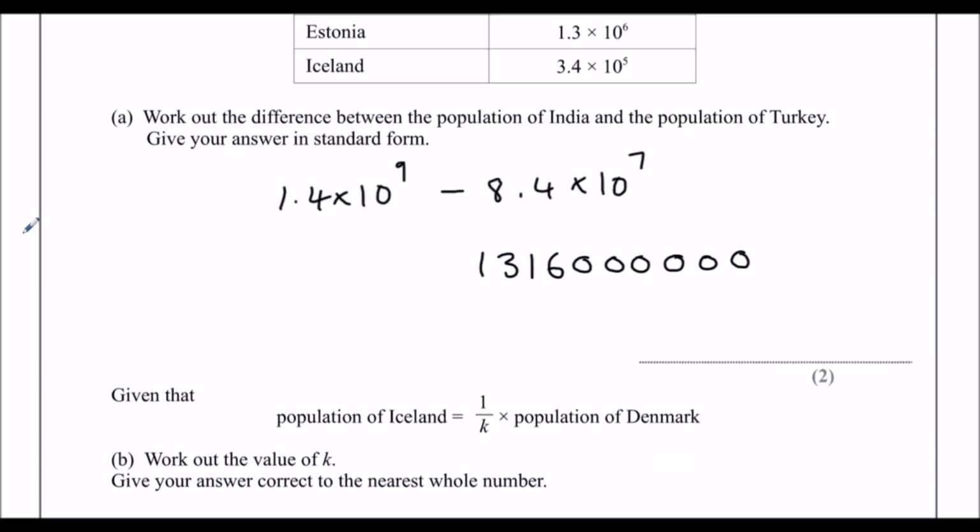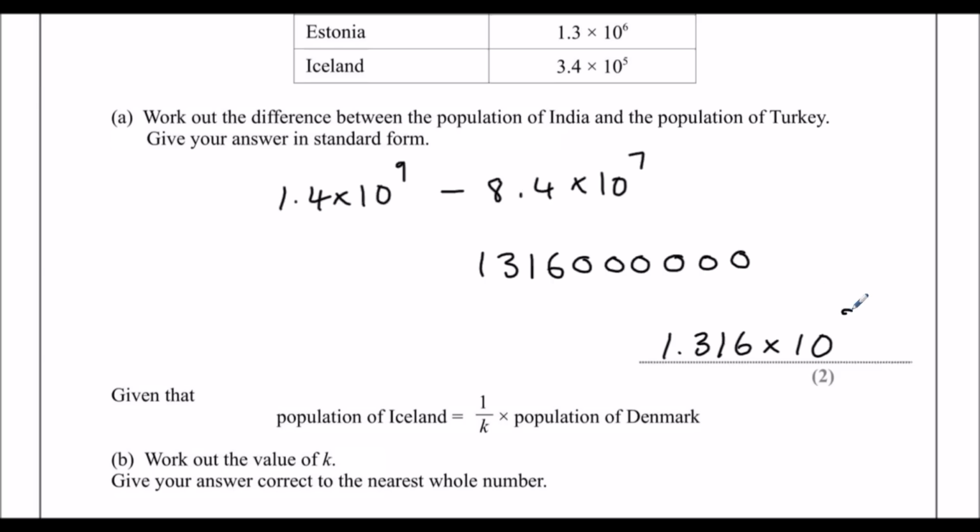So standard form is a number between 1 and 10. So 1.316 times 10 to a power. If we had 1.316, we'd have to multiply it by 10, 1, 2, 3, 4, 5, 6, 7, 8, 9 times.